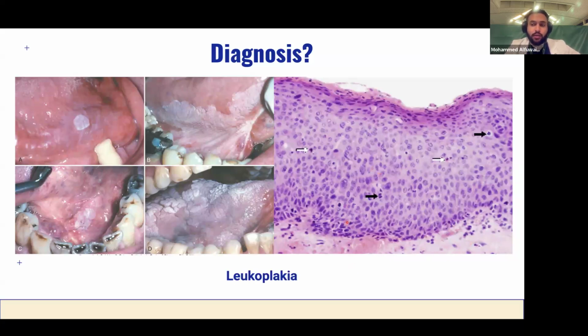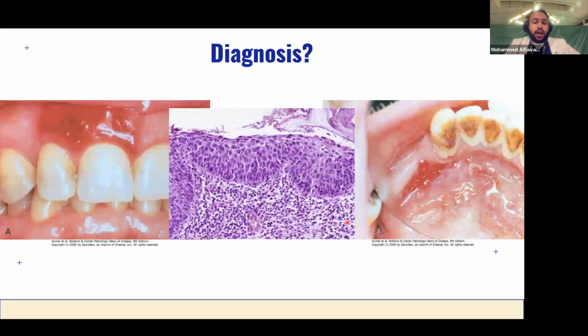Okay, leukoplakia. And can this develop into squamous cell carcinoma? Yes, it can. What's more high risk is this one. What is this? Erythroplakia, good. Instead of white, it's red. Instead of being a precancerous lesion, it is a cancer in situ.